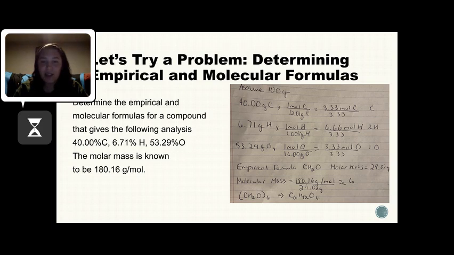So to find the molecular formula, we're just going to take that larger molar mass and divide it by the molar mass of our empirical formula. We end up finding that it's about 6. So we take that empirical formula and we multiply each atom by 6. So our new molecular formula is C6H12O6, which is actually the molecule fructose. So our mystery compound is actually fructose.